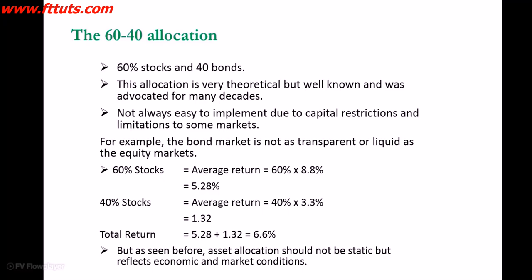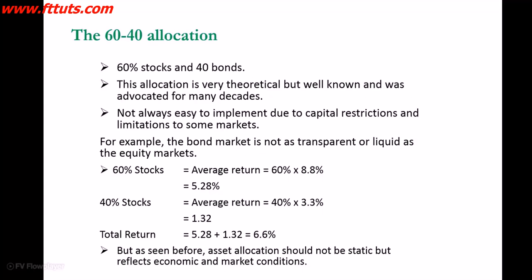So if you were going to university 20, 30 years ago, in Finance 101, you would start the allocation with a 60-40% portfolio. And most of your calculation will be based on that. It is in reality not always easy to implement due to capital restrictions and limitations to some markets. For example, the bond market is not as transparent or liquid as the equity market.